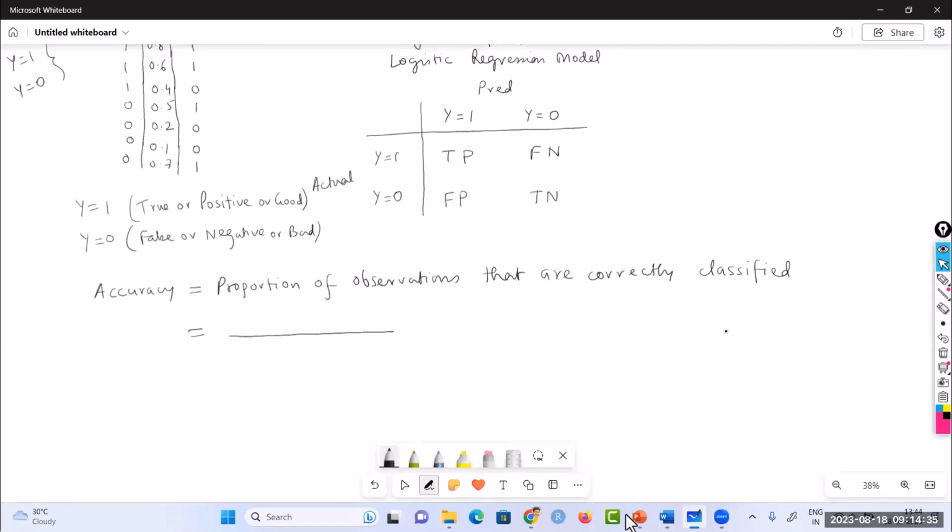So in the denominator, I will have all these cells: true positive, true negative, false positive, false negative. And how many are correctly classified? It's true positive and true negative.